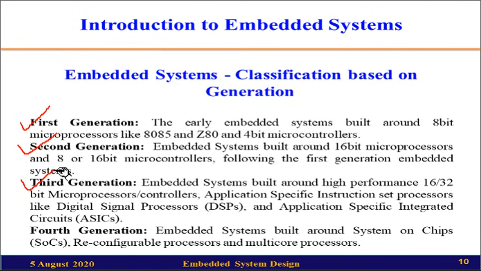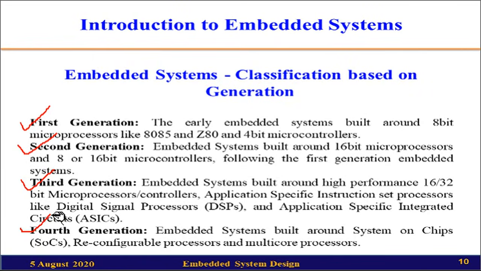That means the instructions are included to perform that specific application. So all these were used in the third generation. We have 16-bit as well as 32-bit microprocessors and microcontrollers with high performance, as well as application specific instruction set processors like DSPs and application specific integrated circuits, that is ASICs.